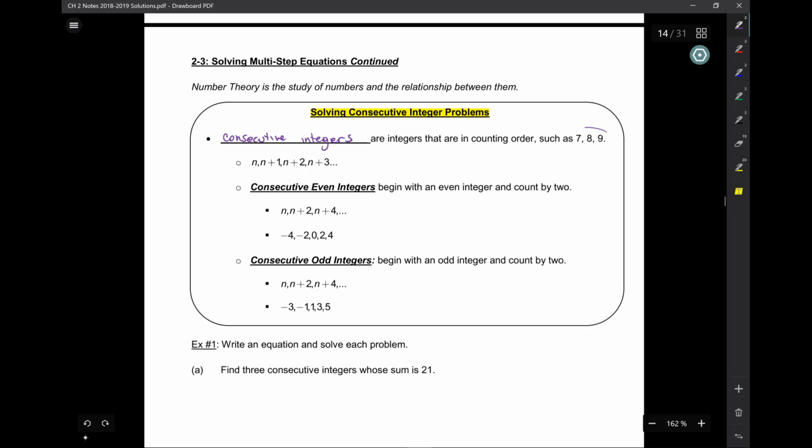So for example, 7, 8, 9, those are numbers in counting order, right?